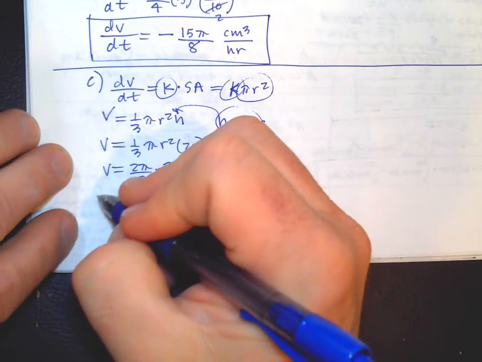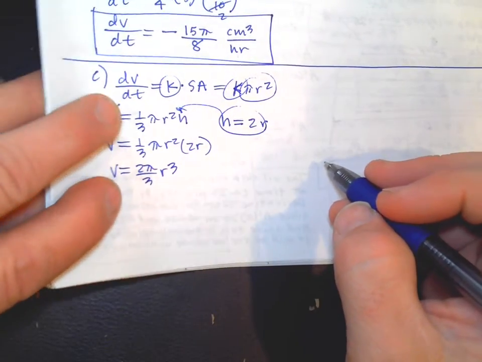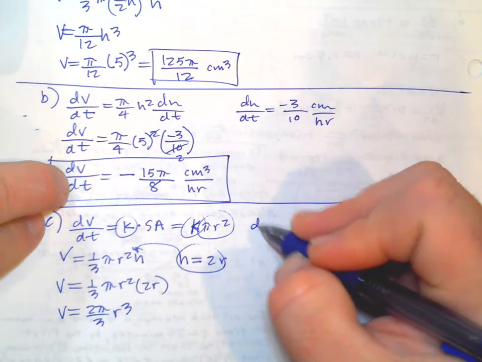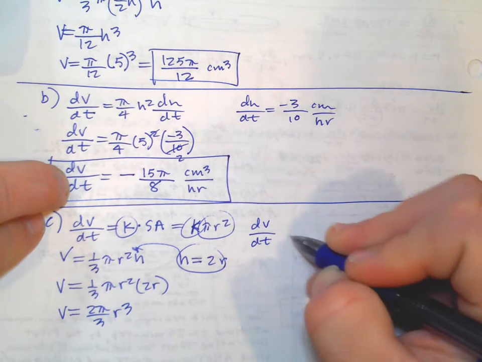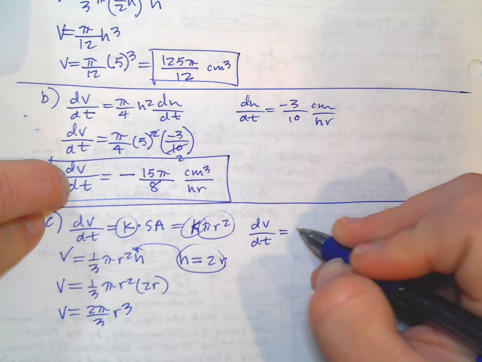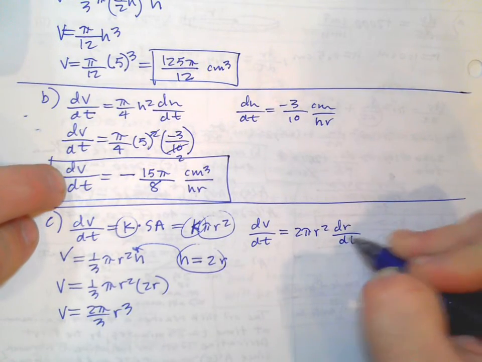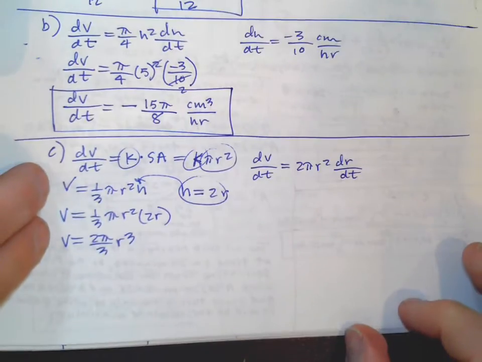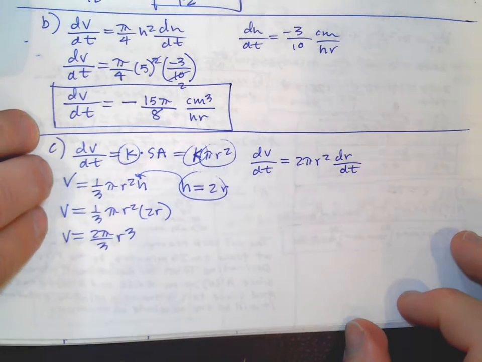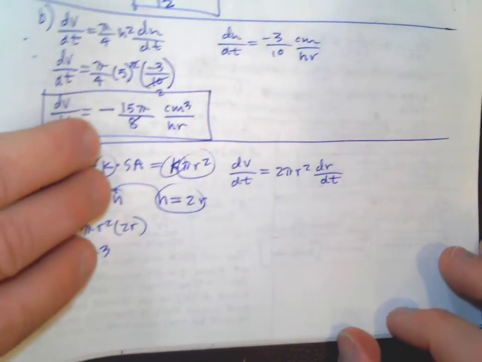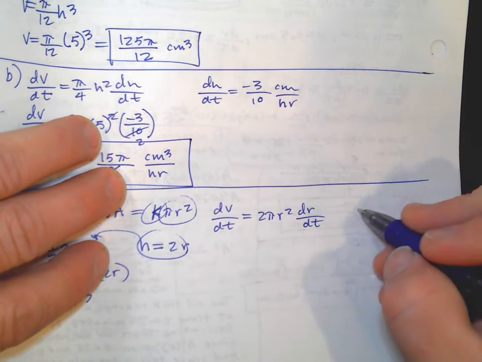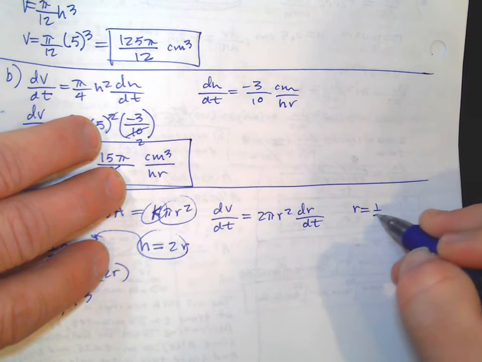Now I'm going to take the derivative implicitly with respect to time. It's going to be 2 pi r squared dr dt. And, well, we don't have dr dt, but we do know that r equals 1/2 h, right?